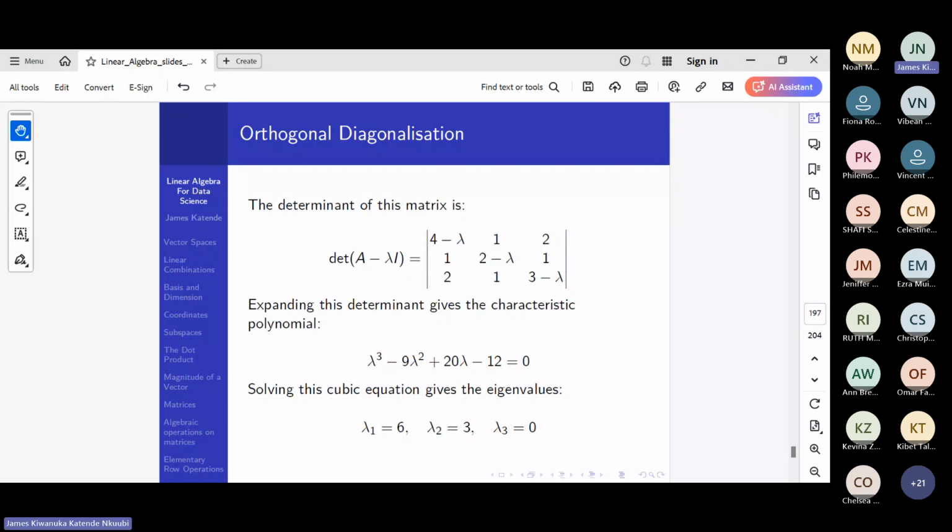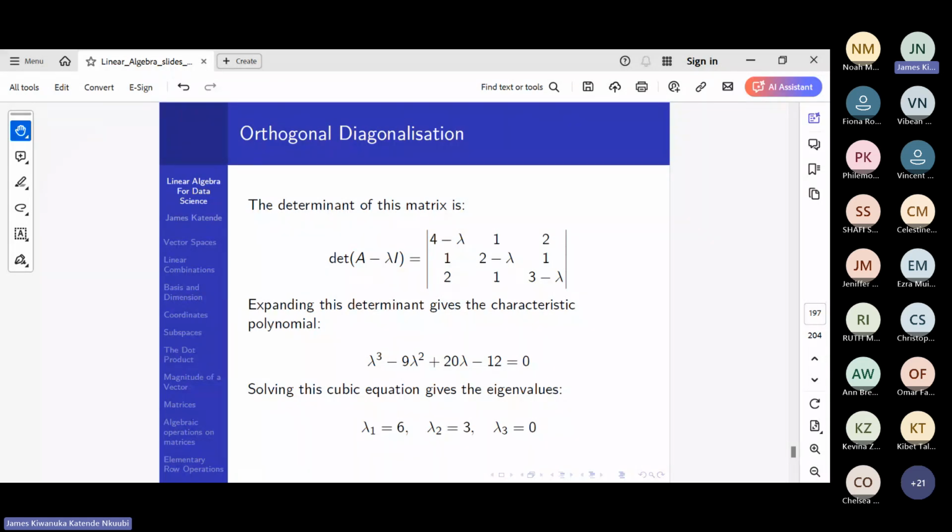So this is what we have as the roots. Are we together? So now we have eigenvalues. We need to find the corresponding eigenvectors.